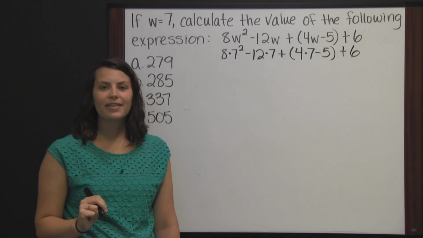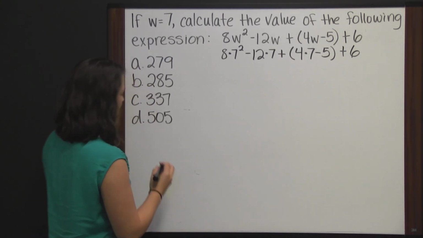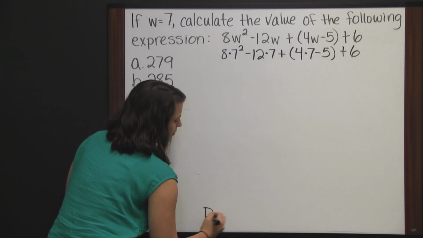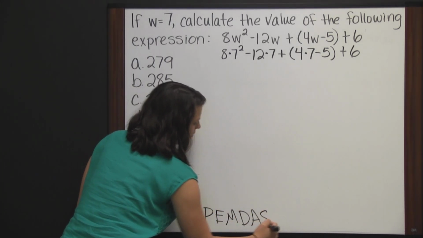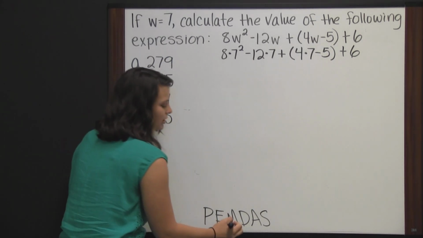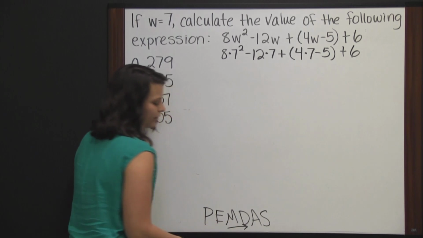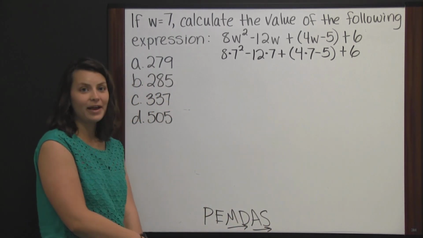In order to simplify this, we must follow the order of operations, or PEMDAS. We start with parentheses, then exponents, then we multiply and divide from left to right, and finally we add and subtract from left to right.